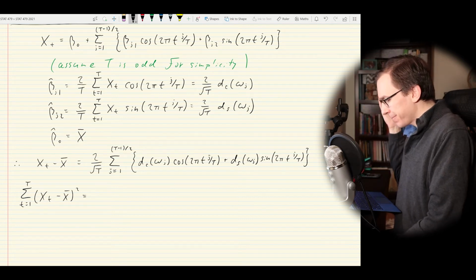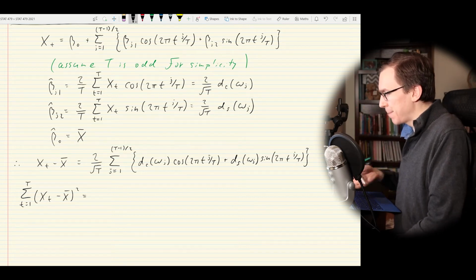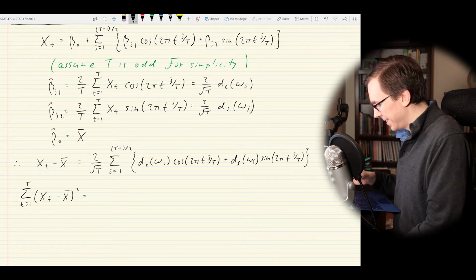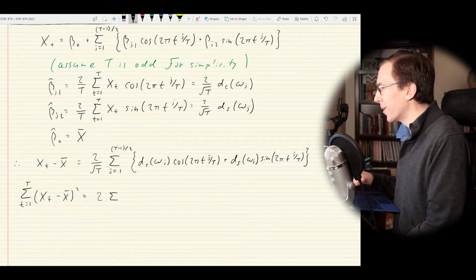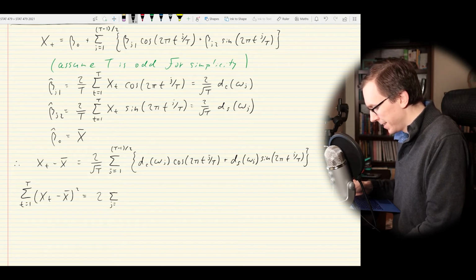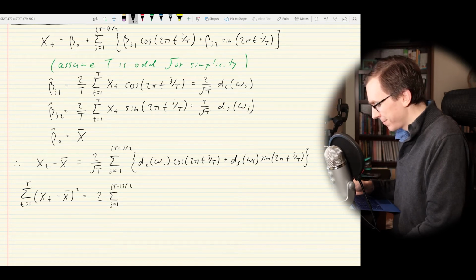Well, when I square and sum up the right-hand side, what happens? I'll just write down the answer, which is we get a 2. I should check to make sure that's not a 4. I could see me making that typo when I wrote this out, but it's not that important for the conclusion.